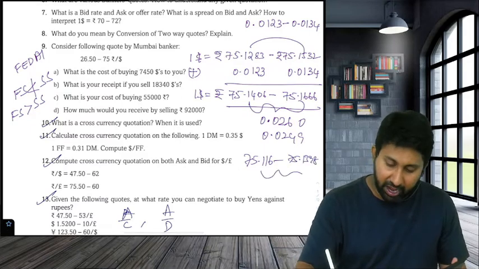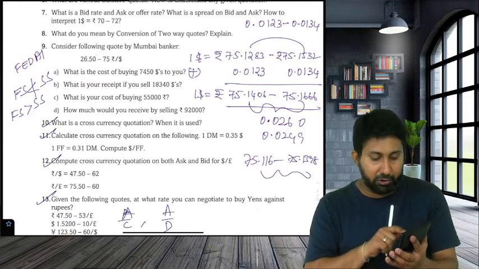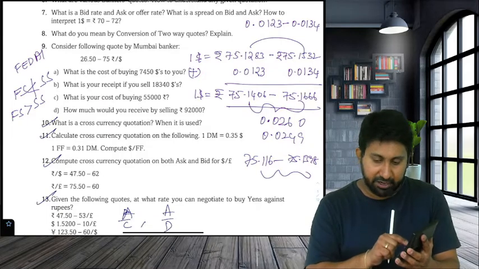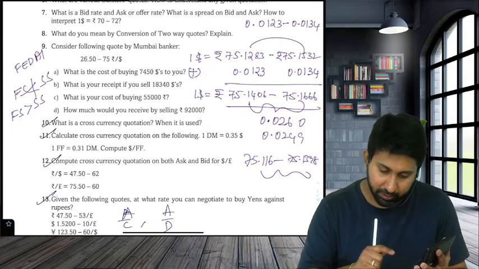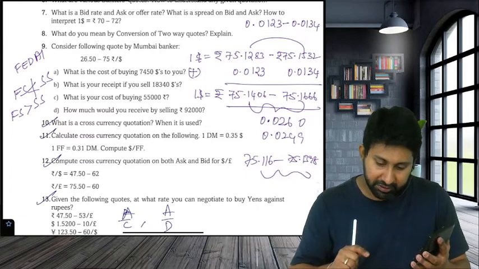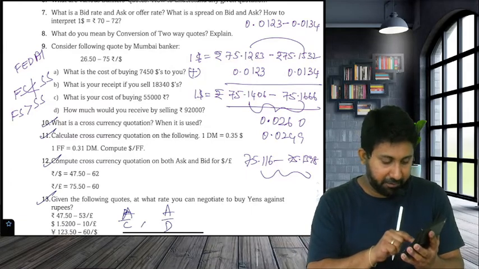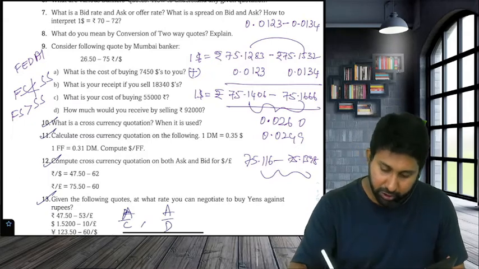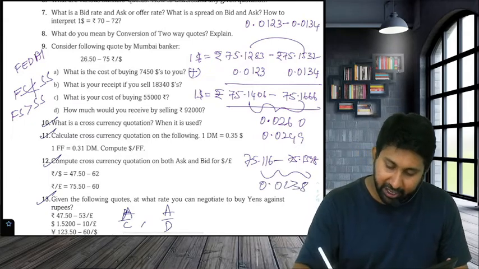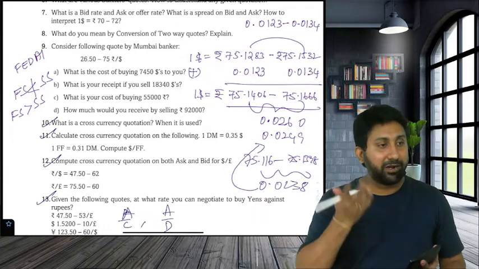Here ask is greater than bid. I'm not doubting that. So calculate the spread. 75.1398 minus 75.1160 equal to 0.0238, whereas the spot spread is 0.0249.